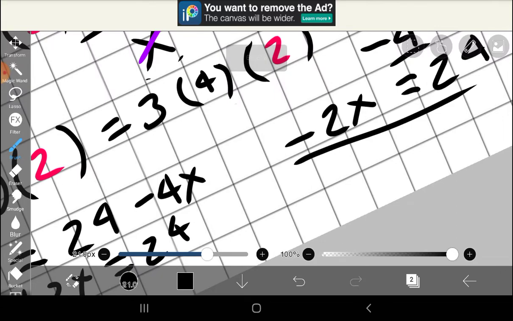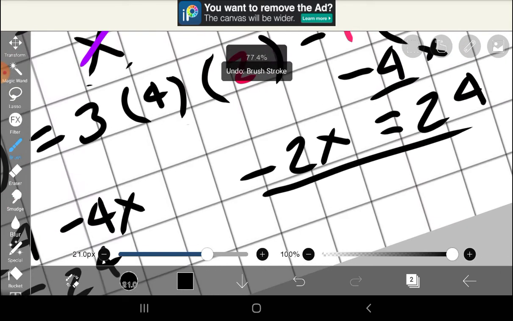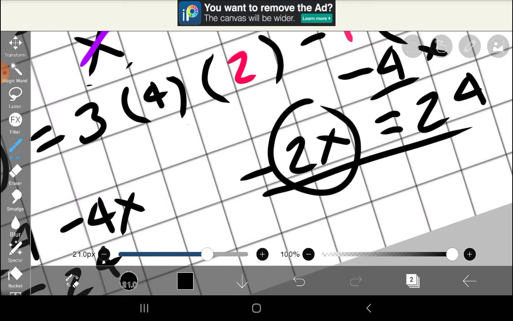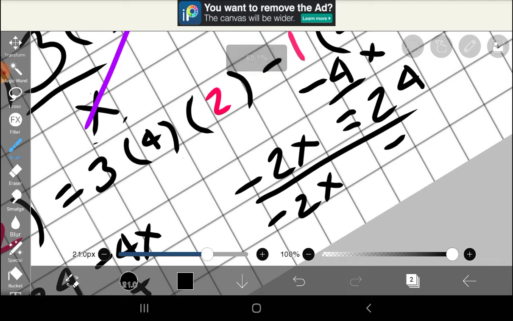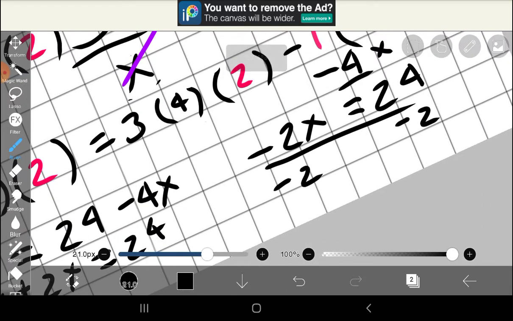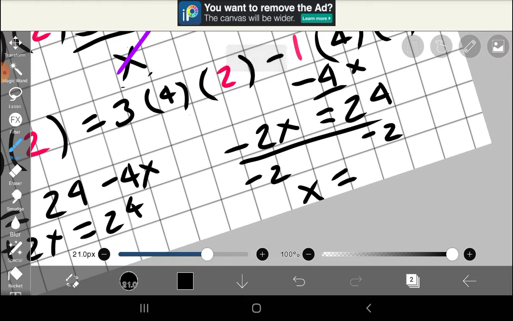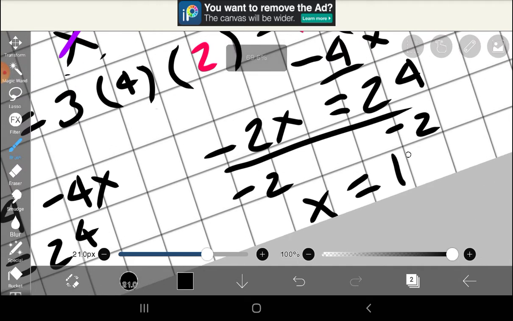Now, our leading term has a 2 on it, so we need to divide by negative 2 on both sides. So x is equal to 24 divided by negative 2, which is negative 12.